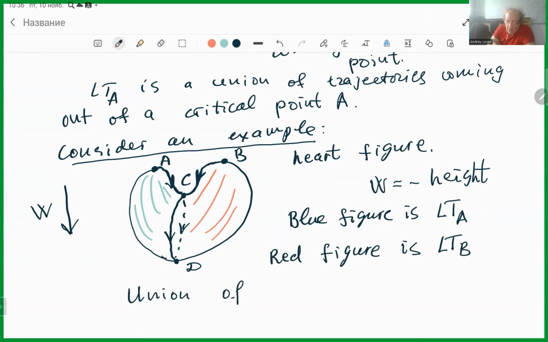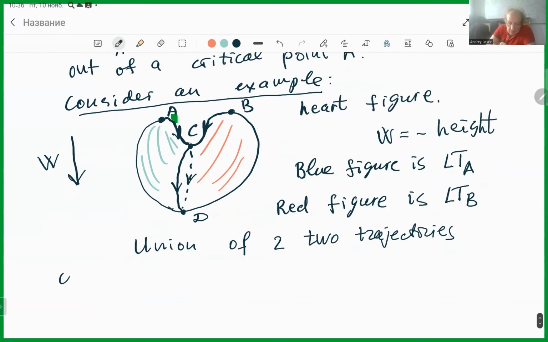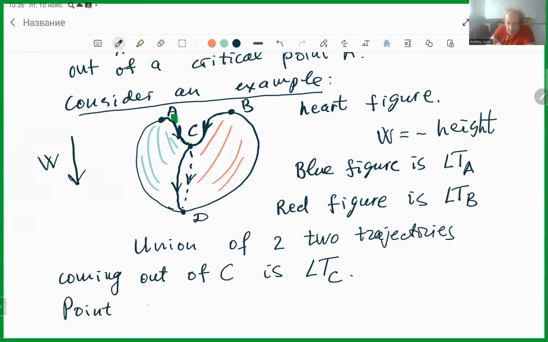Union of two trajectories coming out of C is left symbol of C. And point D is the left symbol of D.